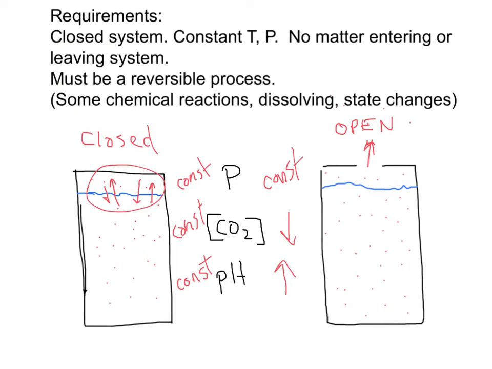A lot of people think flat soda tastes different than carbonated soda, and in fact a lot of that taste difference is due to the change in the pH when the soda goes flat, because the pH rises and it doesn't taste quite as sharp and bitey as it does when it's carbonated. So anyway, just a review of the requirements for a system at equilibrium.